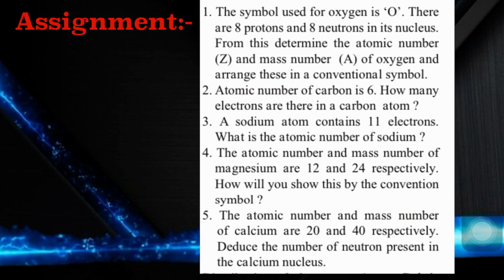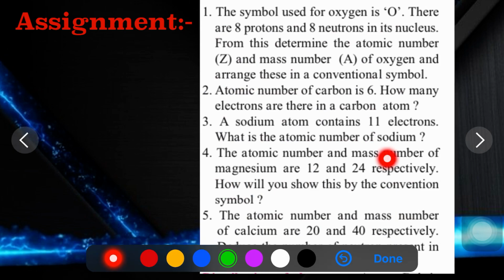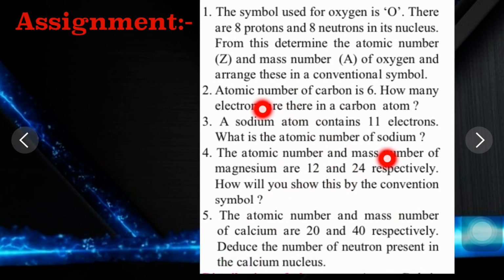Students, now I want you to do a small assignment based on this module. This is the Use Your Brain Power on page number 32 of your textbook. The first question: the symbol used for oxygen is O. There are 8 protons and 8 neutrons in its nucleus.